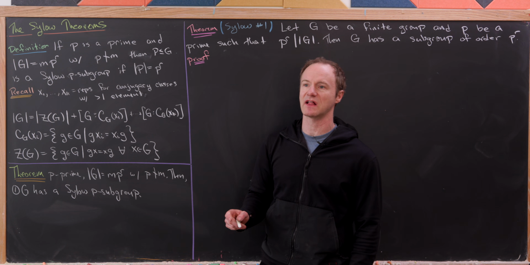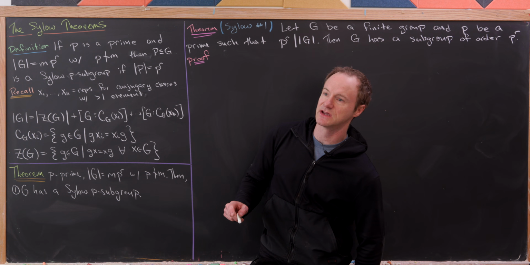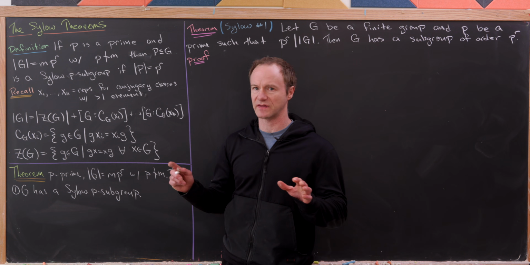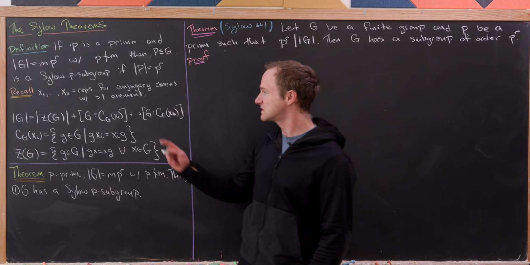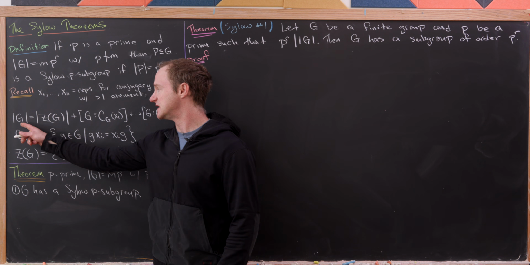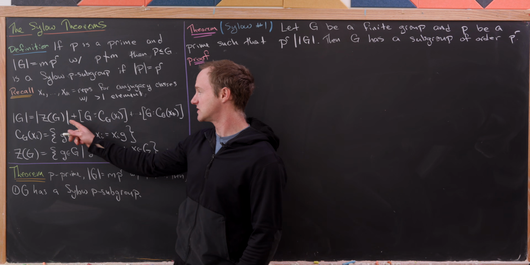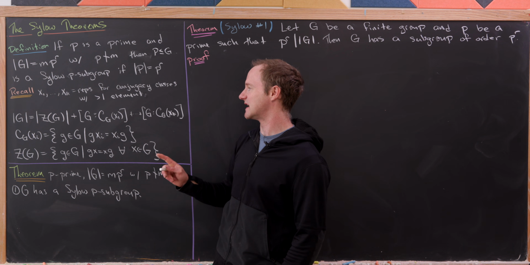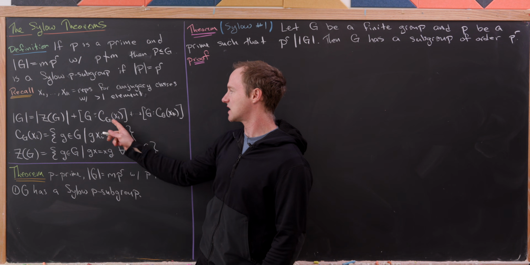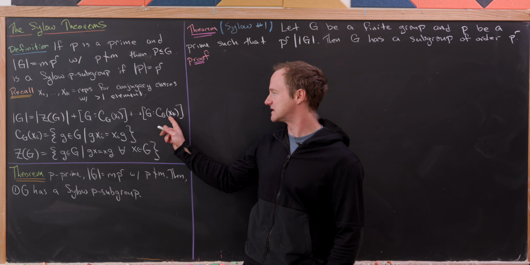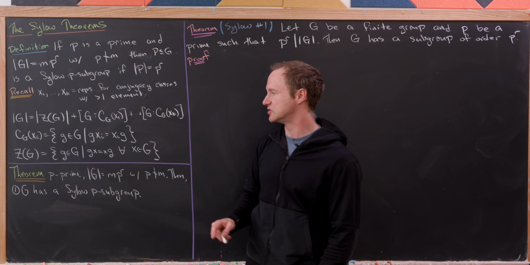Let's recall that if the class has exactly one element, then the element is inside the center, and we want to look at that on its own. So in this case, we can decompose the size of the group as the size of the center plus all of these indexes. So this is the index of the centralizer of x1 in G added all the way up to the centralizer of xk in G.